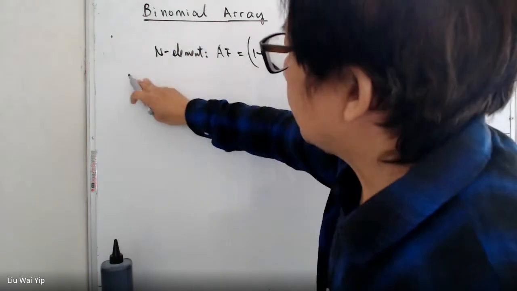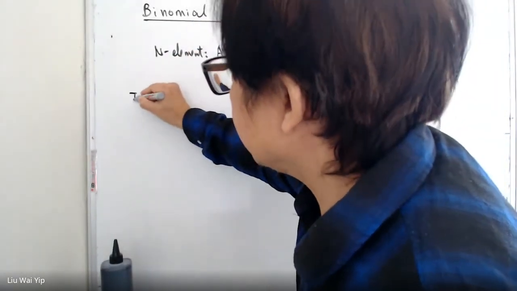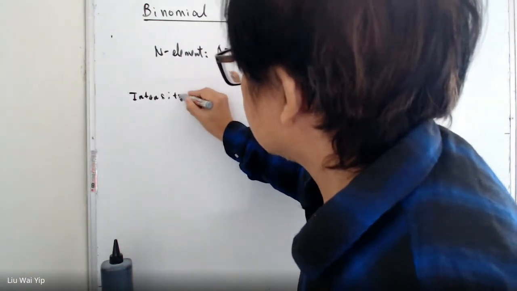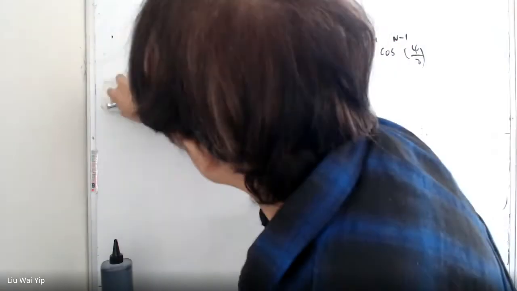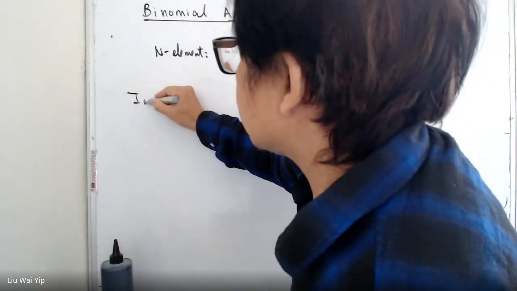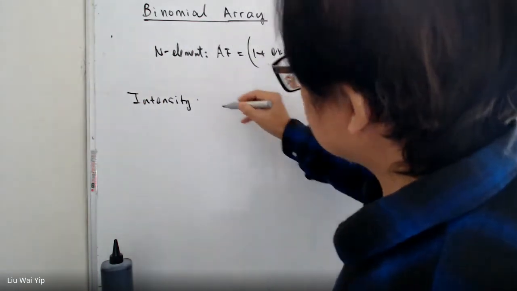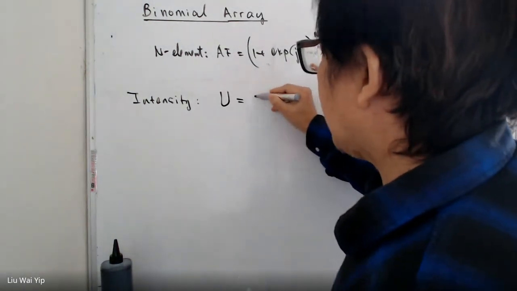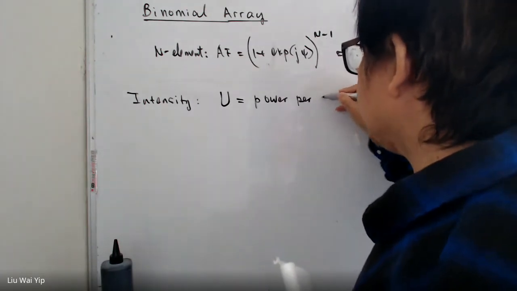So the first element of this chapter is intensity. Intensity, by definition, is power per unit solid angle.